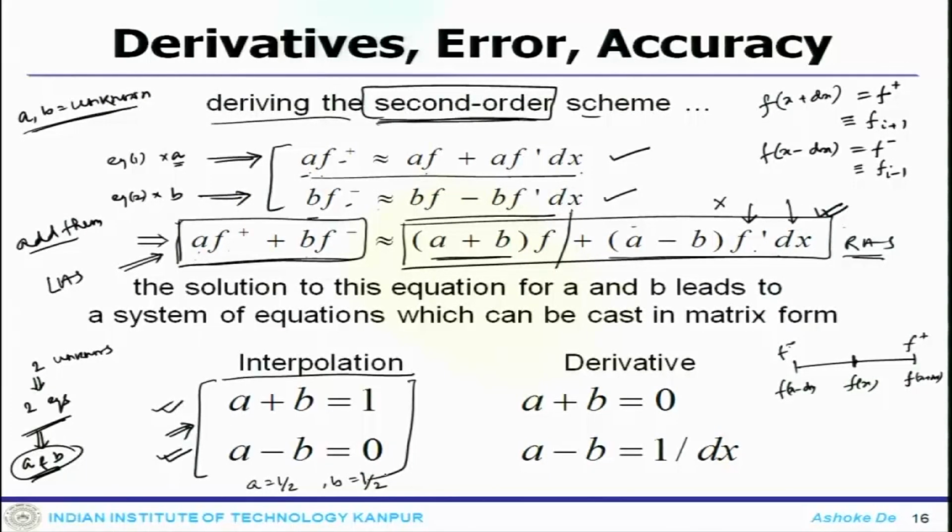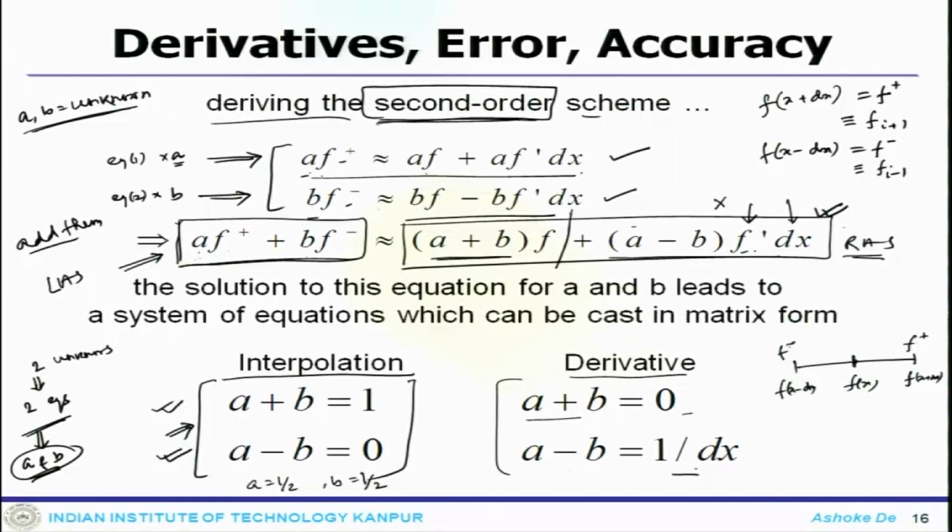So, if I put half and half, I get an interpolation value, I do not have any derivative. Now, if I want the derivative to be present, that means I want, let us say, f prime. So, I do not need these interpolated values. So, A plus B goes to 0 and A minus B becomes 1 by dx.